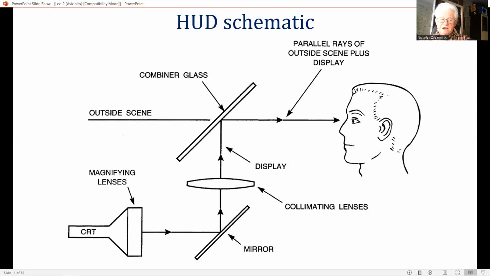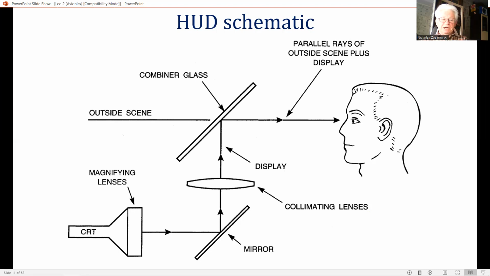Referring to the figure, the display symbology generated from the aircraft sensors and systems, such as the INS and air data, is displayed on the surface of a cathode ray tube, CRT. The display images are then relayed through a relay lens system, which magnifies the display and corrects for some of the optical errors which are otherwise present in the system.